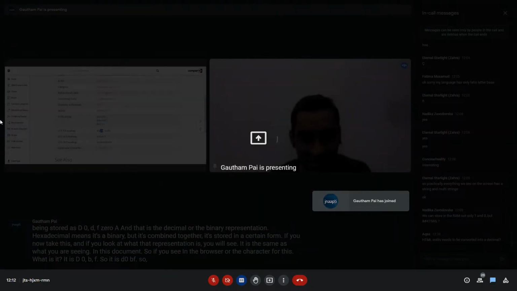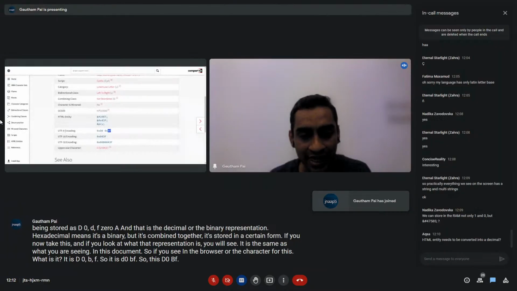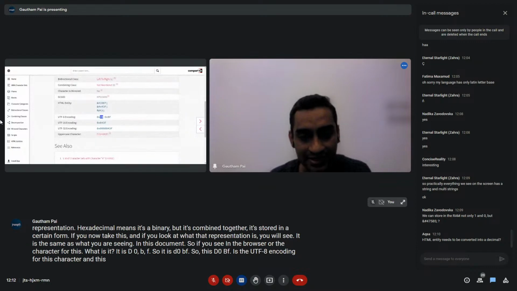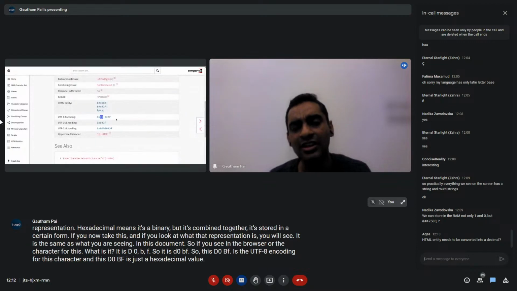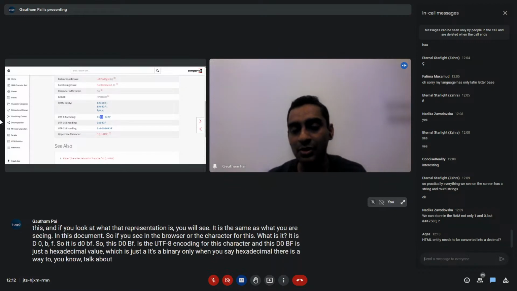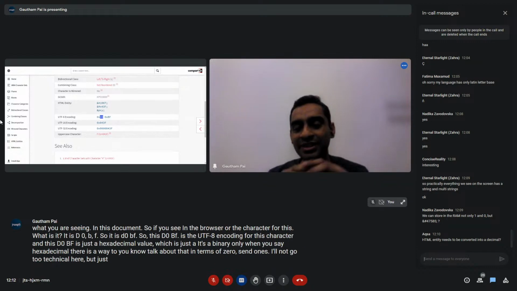So this D0BF is the UTF-8 encoding for this character. And this D0BF is just a hexadecimal value, which is a binary only. When you say hexadecimal, there is a way to talk about that in terms of zeros and ones. I'll not go too technical here, but just keep in mind all of these are essentially ways to represent numbers.